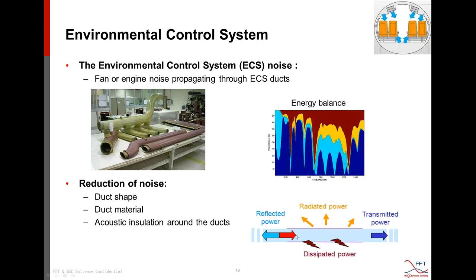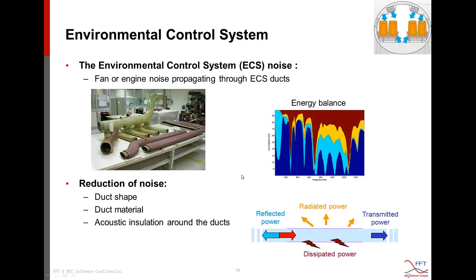acoustic propagation in complex ducts with bifurcation also, and couple the acoustic fluid part with the structure part to calculate sound transmission loss, but also energy balance in the system.